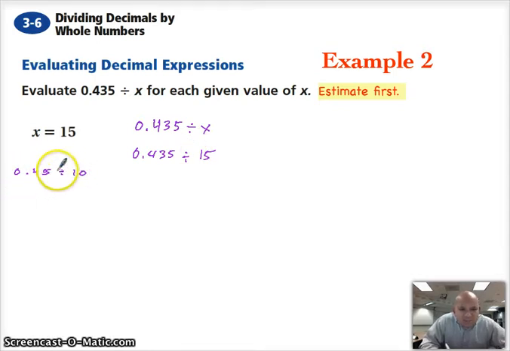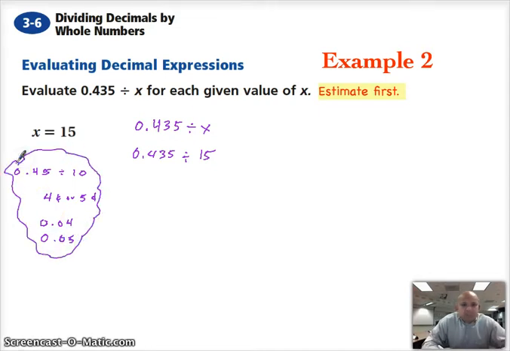When I divide this by 10, I'm going to think about this in terms of cents: 45 cents divided by 10, I know I'm going to have about 4 or 5 cents that I have to deal with. 4 or 5 cents is the answer to this problem. In terms of the actual number, it would mean around 0.04 or 0.05. So this whole thing is my estimation right here.